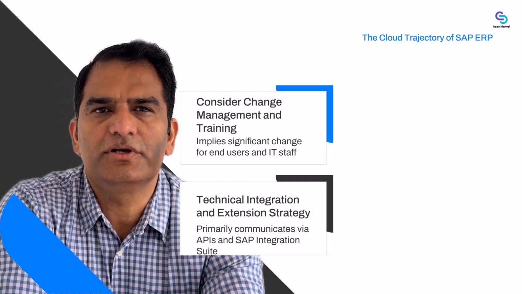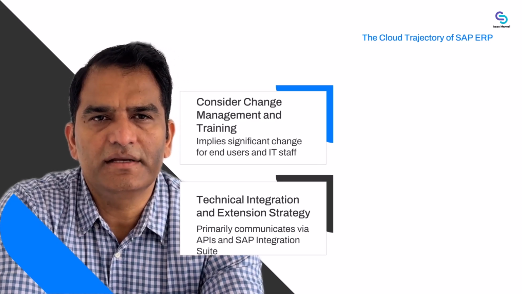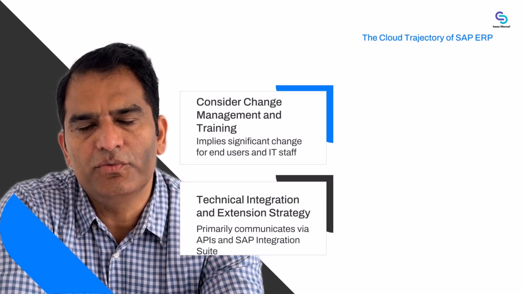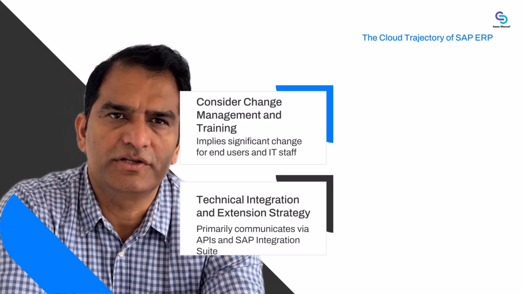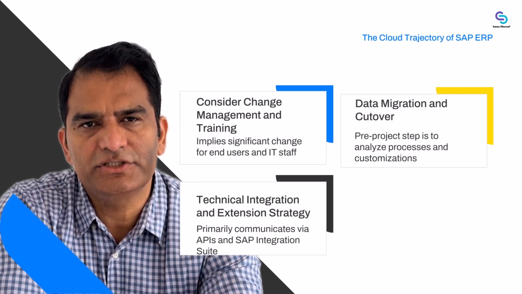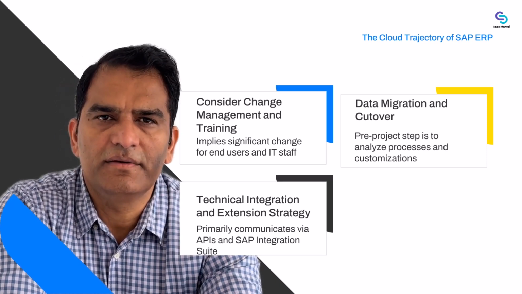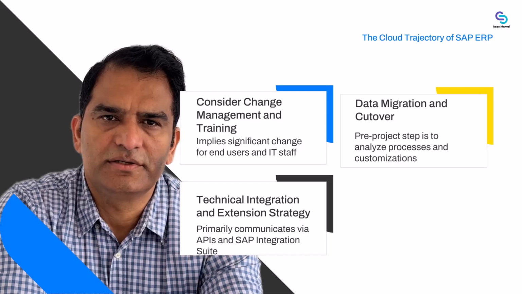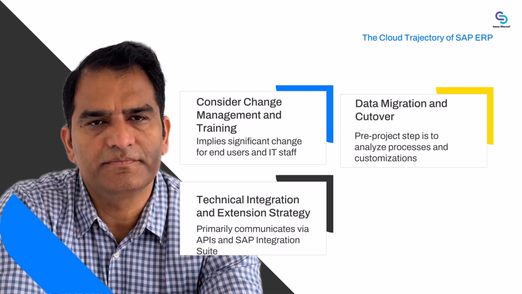It's often beneficial to simplify the number of integrations by retiring obsolete systems if possible during the move as part of the overall transformation. And finally, let's consider data migration and cutover. Develop a robust plan for migrating data from your old system to S/4HANA Cloud.